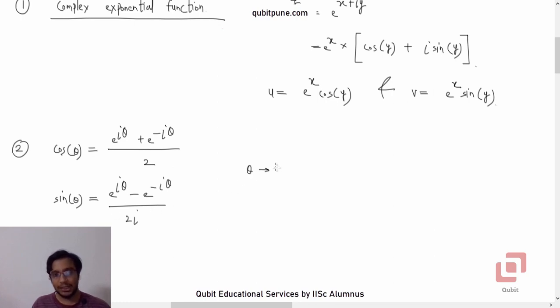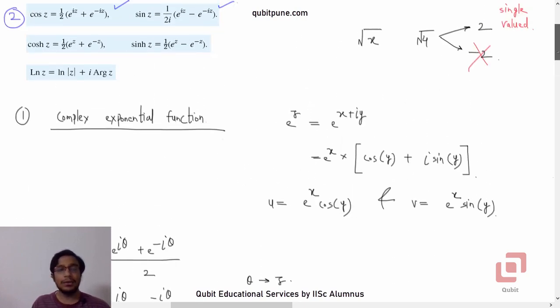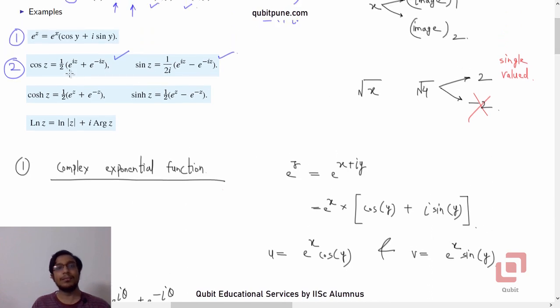If you replace theta by z, then you are going to get the complex sine function. On similar lines, we can define the hyperbolic cosine function for a complex variable z, cosh of z and sinh of z.